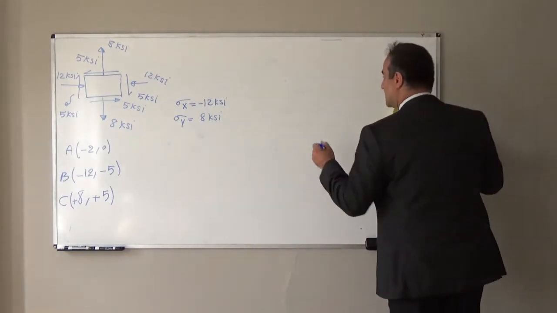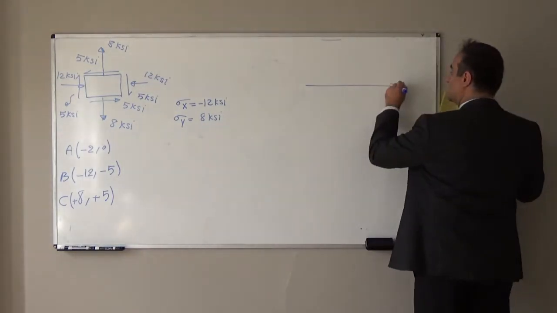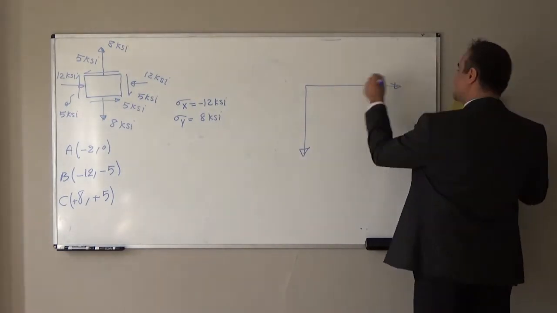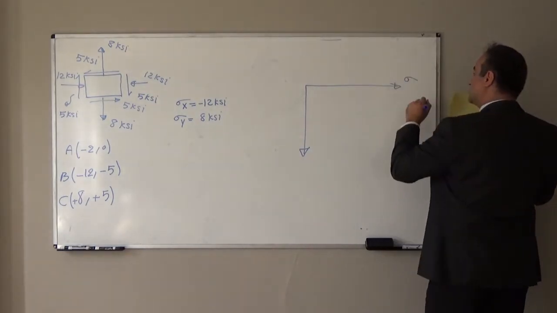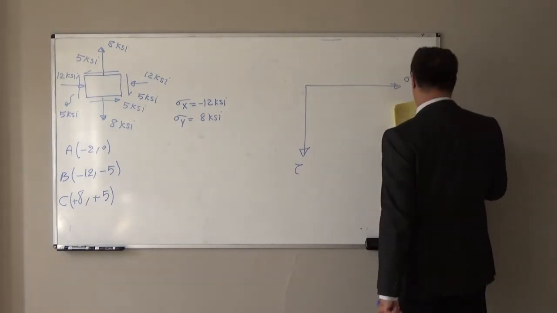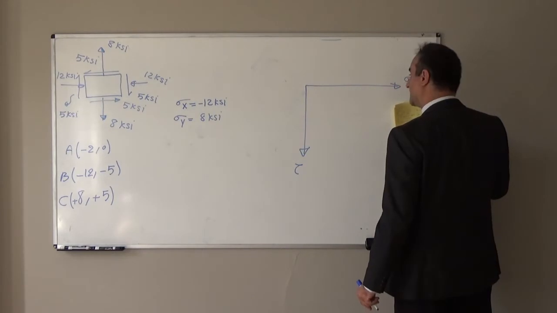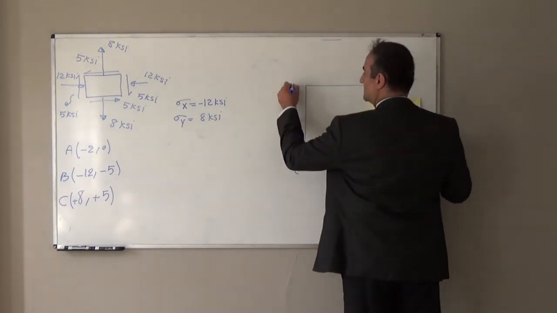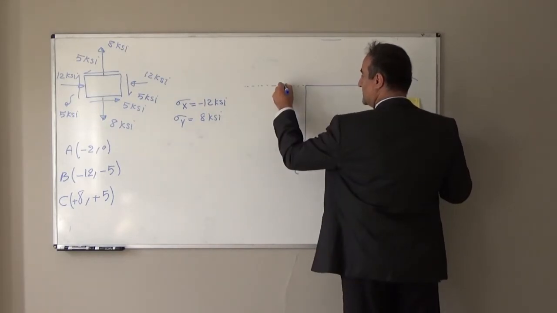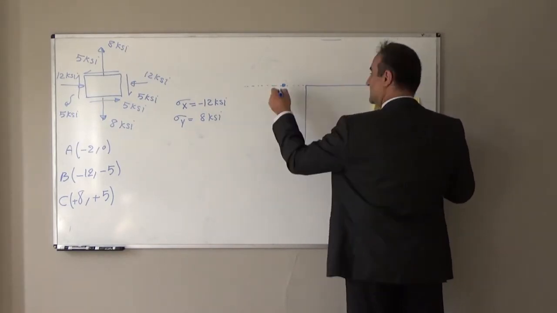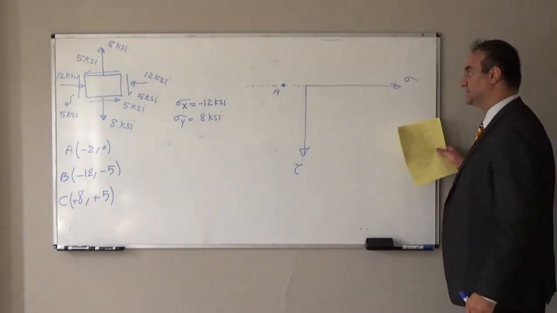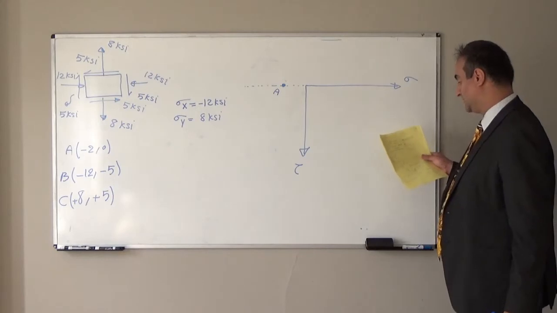So first step, we should show two axes. The horizontal axis we call sigma, the vertical one tau, positive vertical downward. Here, the average normal stress is negative 2. For example, here, point A, negative 2, because it is on the negative side of sigma.